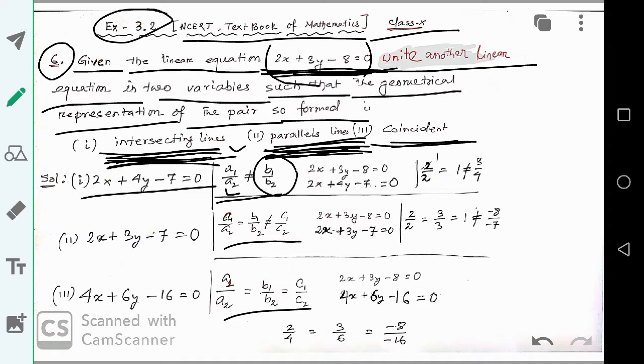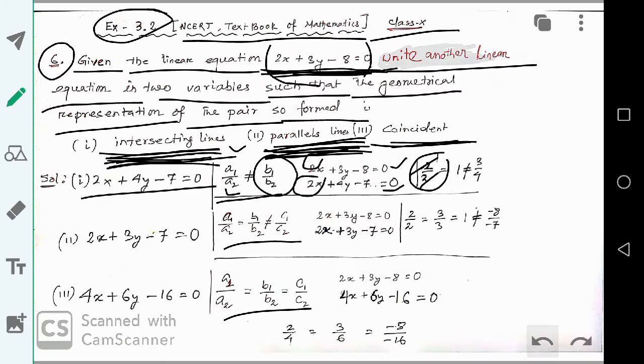Here, this one is the given equation, and I have taken another equation, 2x + 4y - 7 = 0. Here a1 by a2 is 2 by 2, which cancels to 1, which is not equal to 3 by 4, that is b1 by b2.